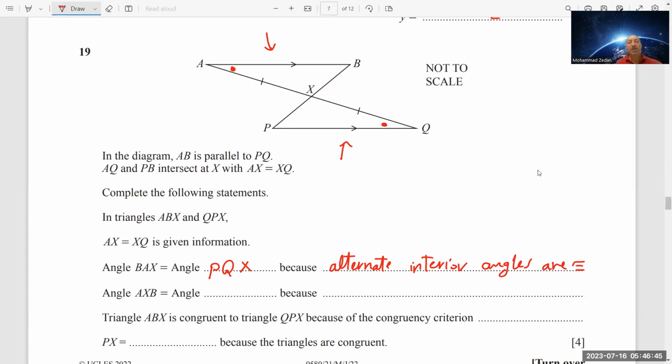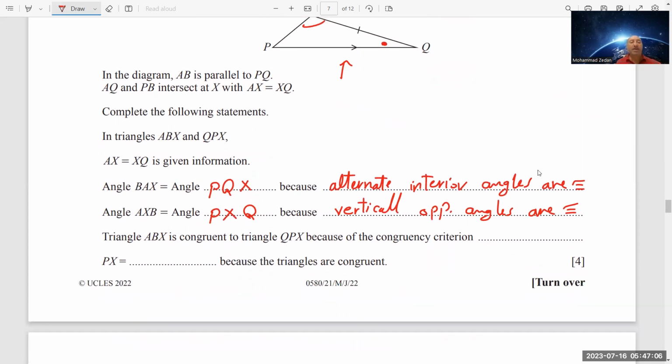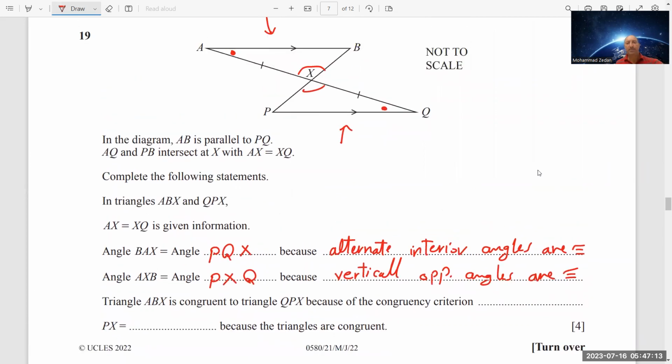And angle AXB, this angle, equals this angle, the vertically opposite angle, the measure of angle PXQ, because vertically opposite angles are congruent if two lines intersect. Triangle ABX is congruent to triangle QPX because the congruency criterion is angle, side, angle.